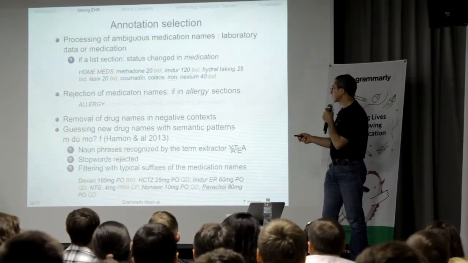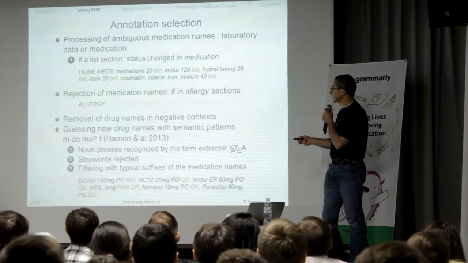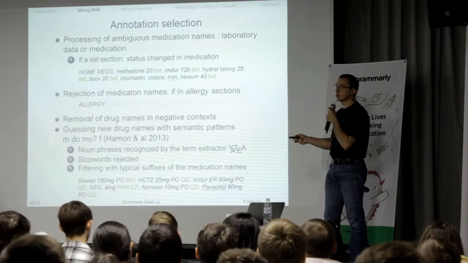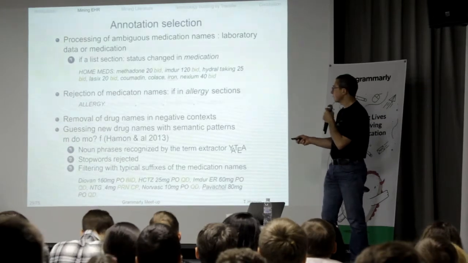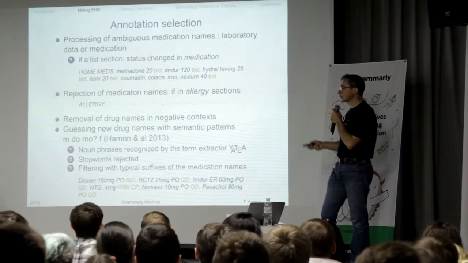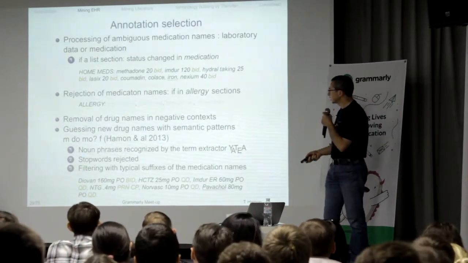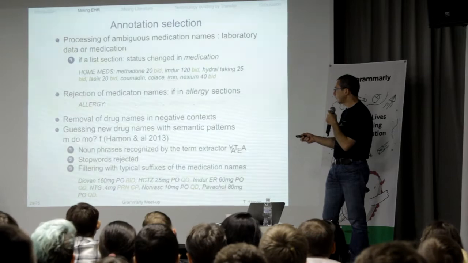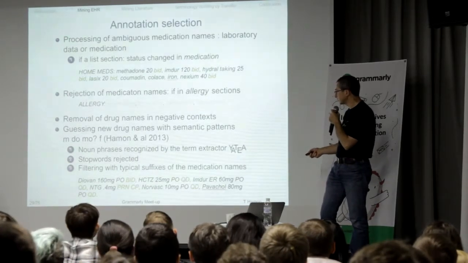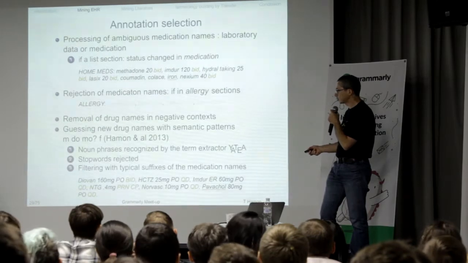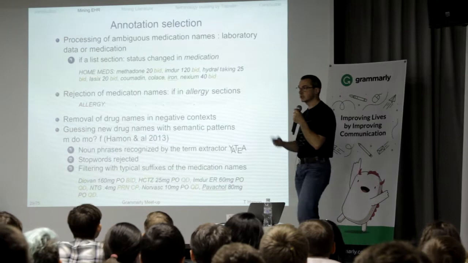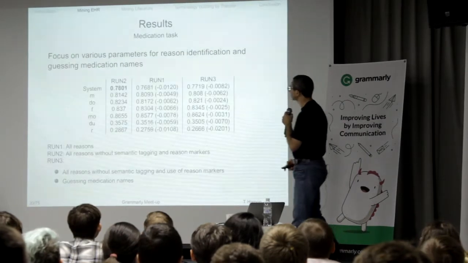We observe some semantic patterns like medication, followed by dosage, followed by the mode of administration, and then we recognize noun phrases with the term extractor, and we apply the pattern after filtering and so on, and we can identify drug names which are not in the terminologies we have at the beginning.